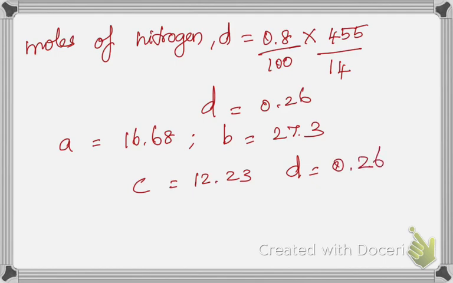So why we are determining all these A, B, C, D values is that, as I have already told, we have an empirical relationship, and for that empirical relationship we have to determine the values of A, B, C and D. I'll show you the empirical relationship once again.